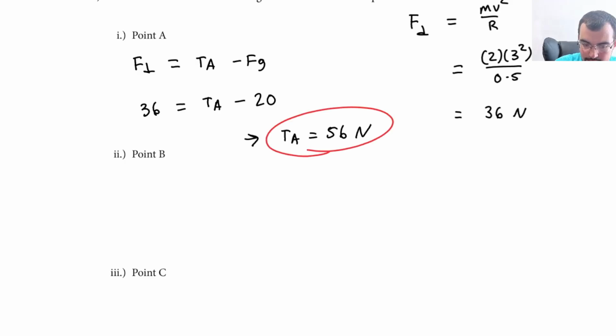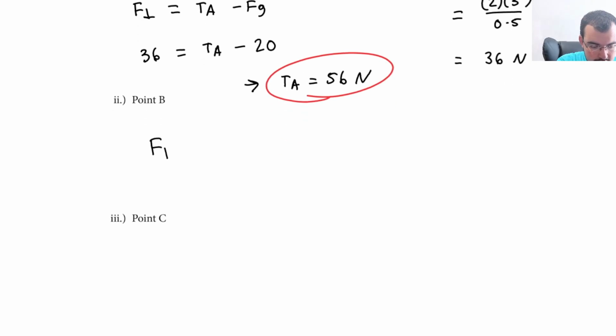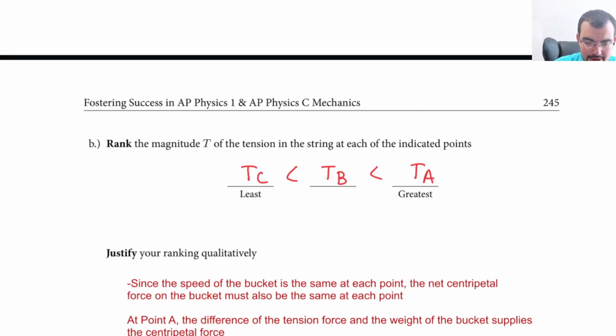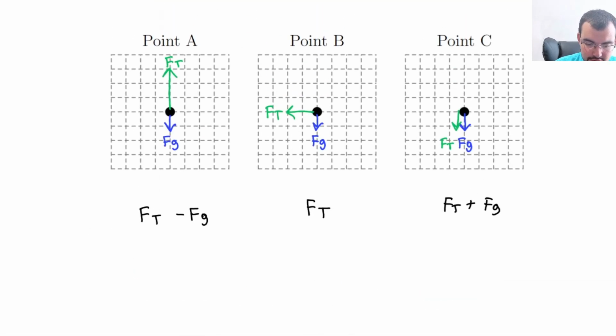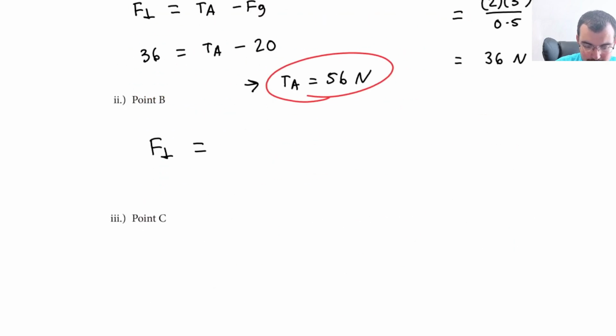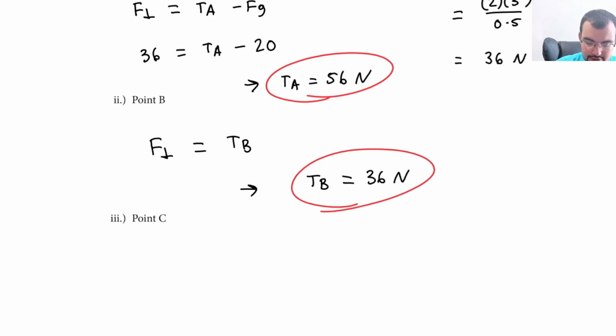Then at point B, the perpendicular net force is being supplied just by tension itself. So TB is just that centripetal net force we needed, 36 newtons. There's no addition or subtraction.